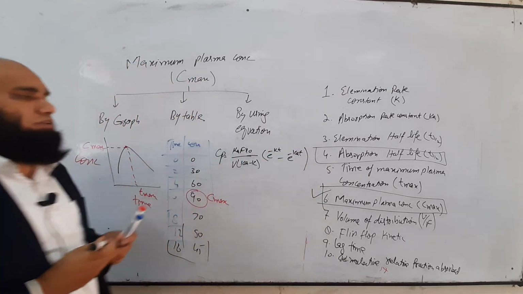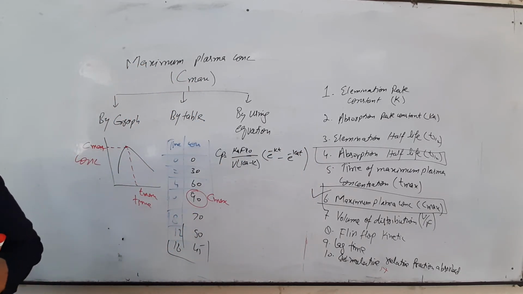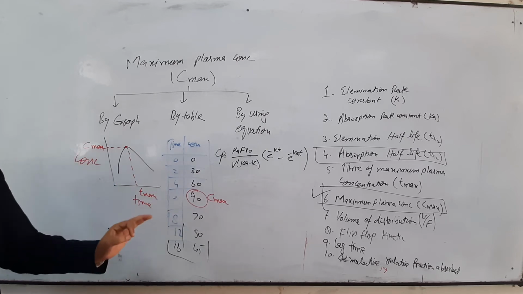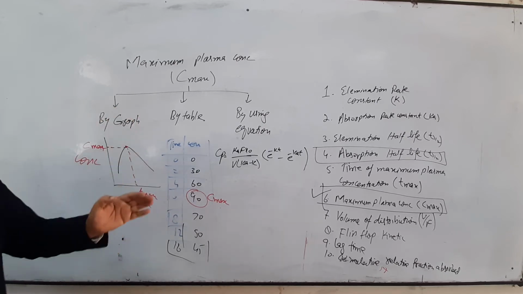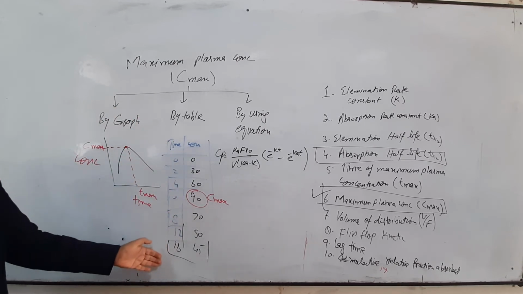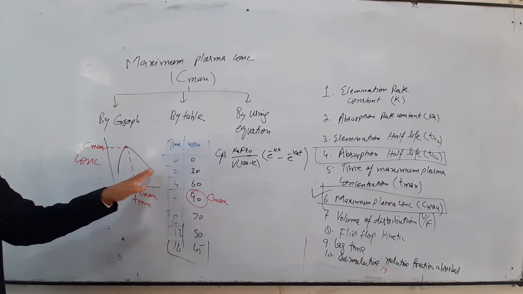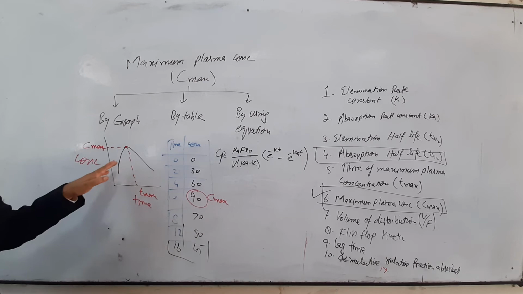That was the equation for the plasma concentration at any time. For example, we have given a patient a single oral tablet, and we have taken some blood samples, written this type of table and constructed this type of graph. From this graph, we will calculate these parameters.